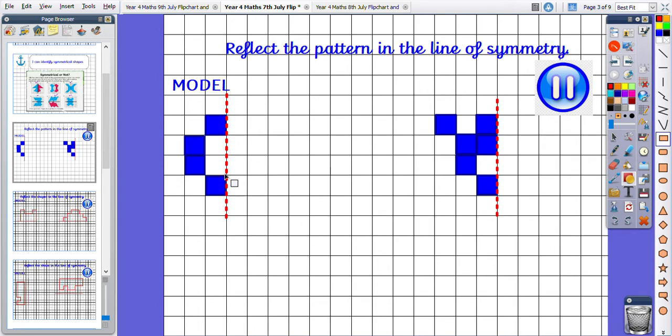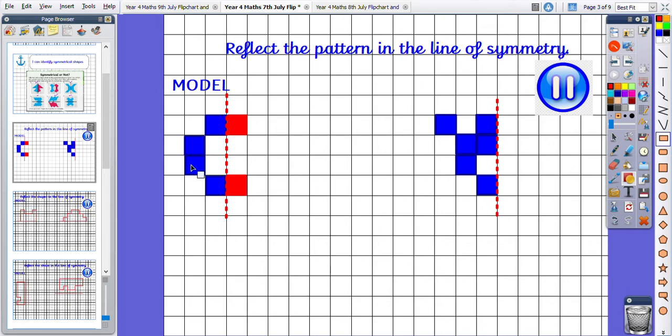Here is my mirror line, my line of symmetry, and I can see that my first square here is touching my mirror line. So that's very easy because I know that the image I am reflecting will touch the line this side. And that is true with this square here as well. It's going to touch the line, so it will be here.